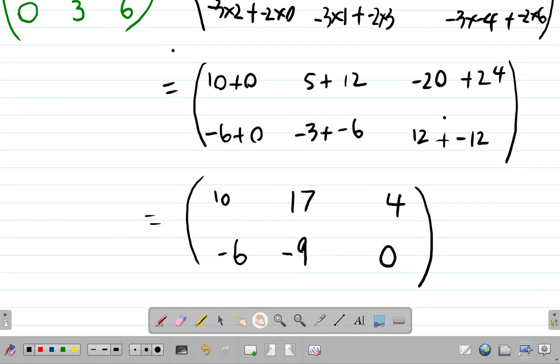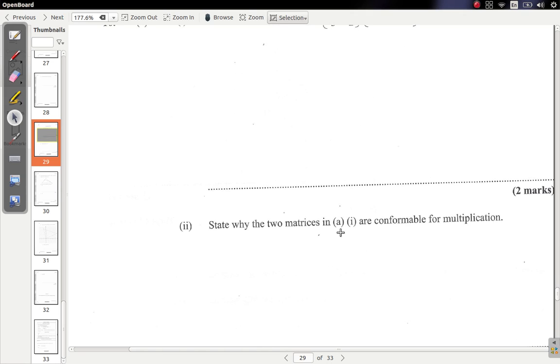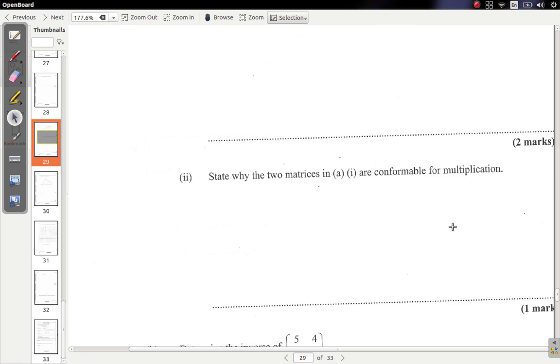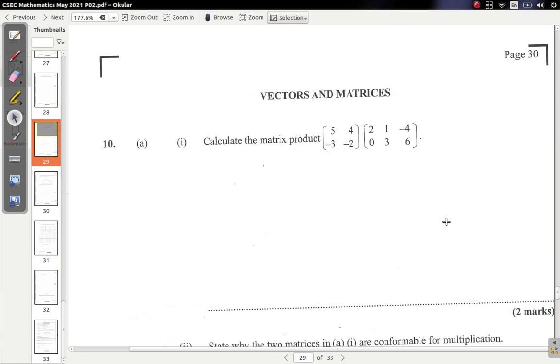What is the next thing that you're supposed to do? State why the two matrices in A1 are conformable for multiplication. We look at this. Now, when you multiply the two matrices, it's row by column.